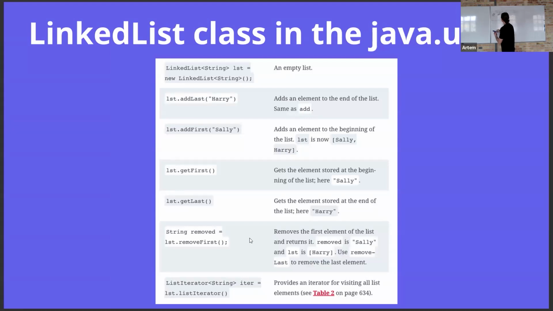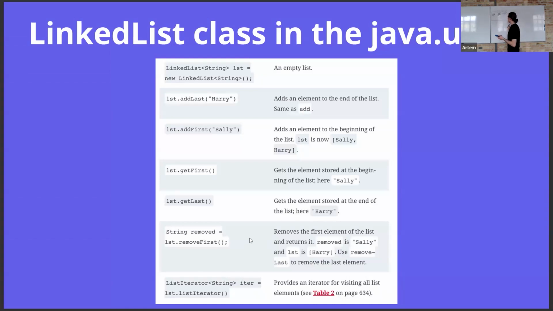We're also reassigning head. We're saying that head now is Harry, not Sally. So we removed this connection also. And as you can see, Sally is still somewhere in memory. But in Java, we have a garbage collector.